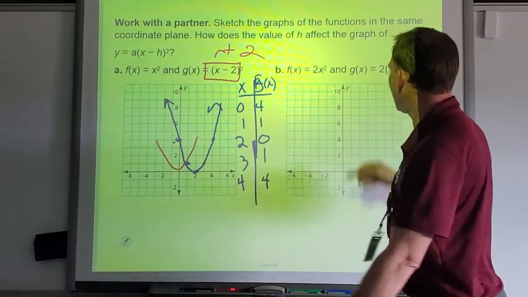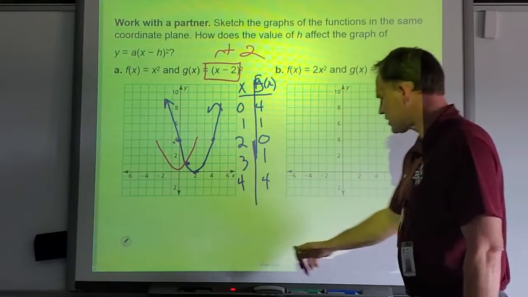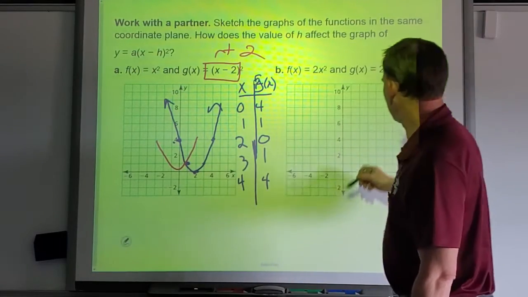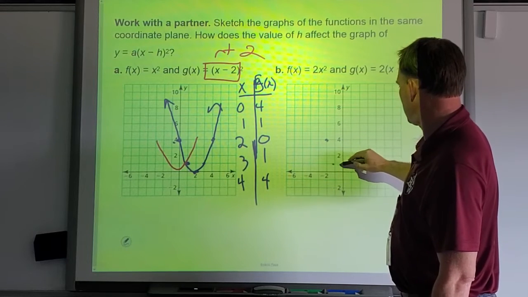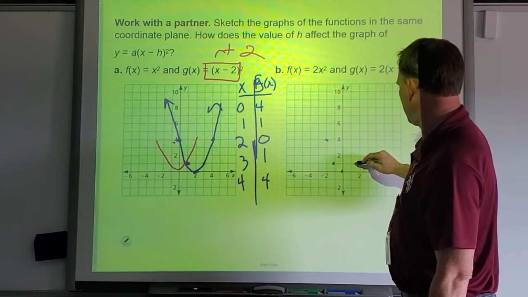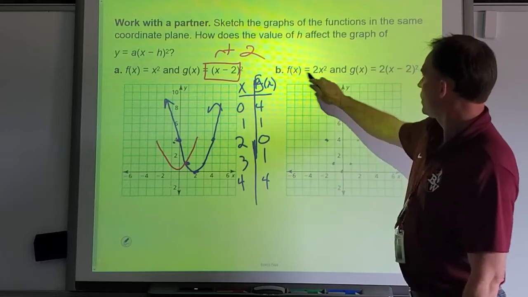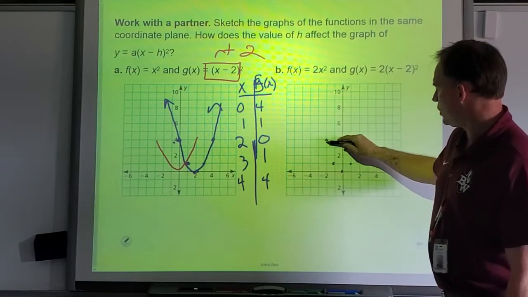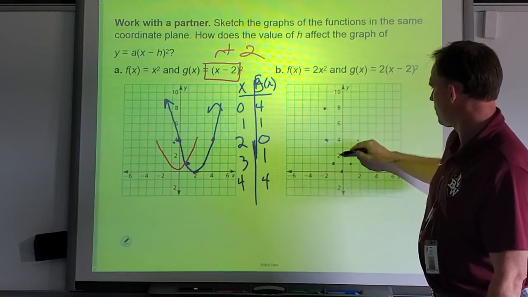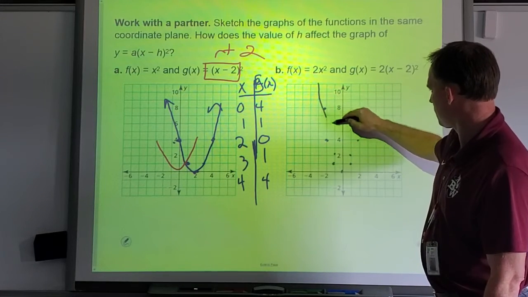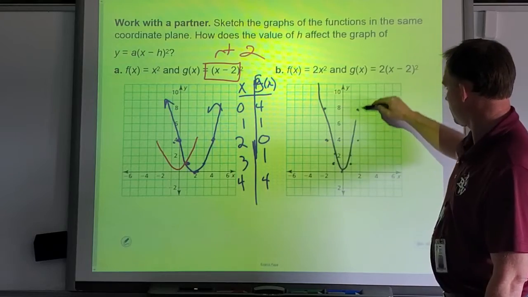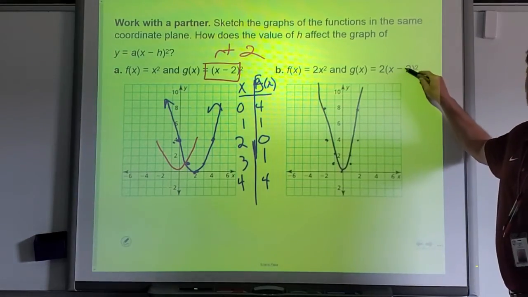So with that in mind, if f of x is this, if I double it, what's this going to do?